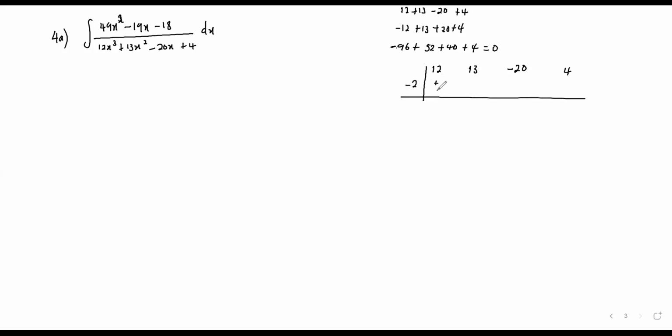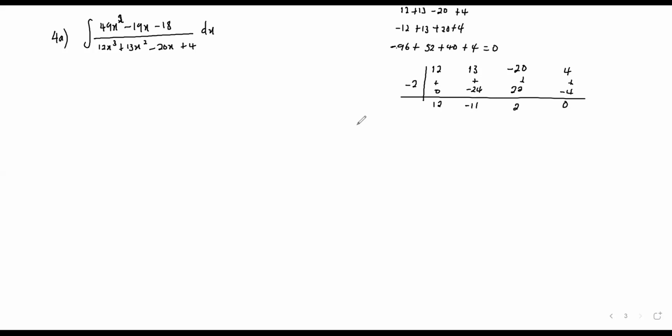We add a 0 there, we get a 12, multiply, -24. We add, 13 minus 24 is -11. We multiply, we get +22. We add, we get 2. Then we get -4, we add, we get 0.